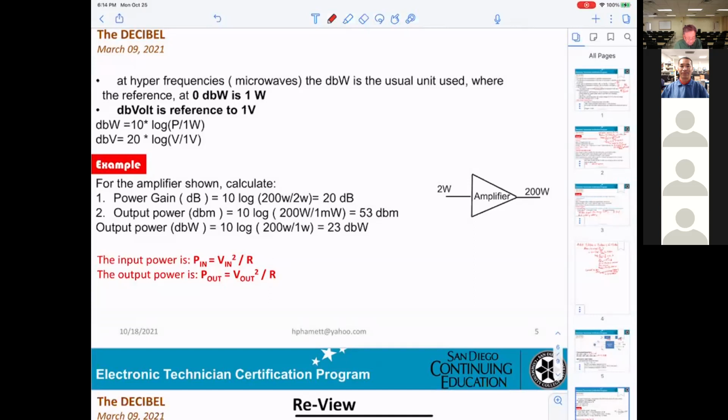For output power in dBm, you take 10 log of 200 watt divided by 1 milliwatt, and you get 53 dBm. Same thing for dB watt, it will be 10 log of 200 watt divided by 1 watt, and you get 23 dB watt. So basically you get the gain for the watt, and you can calculate it into dB watt or dBm.